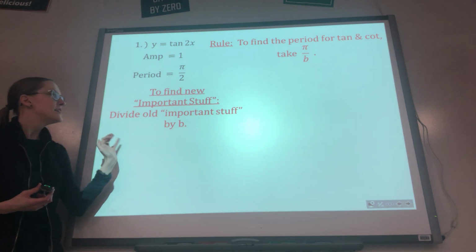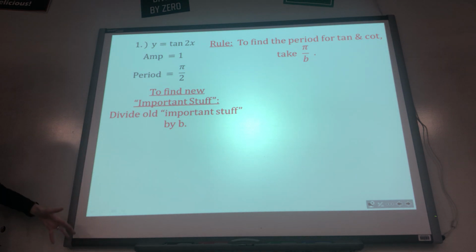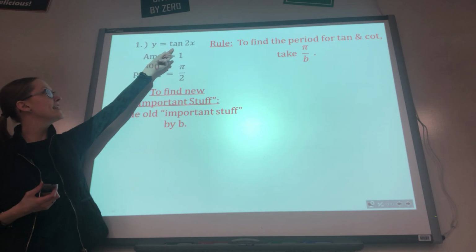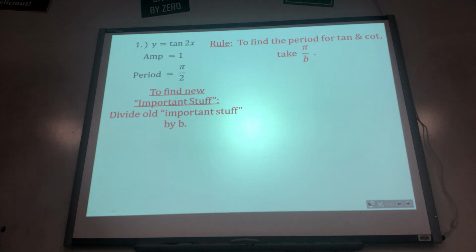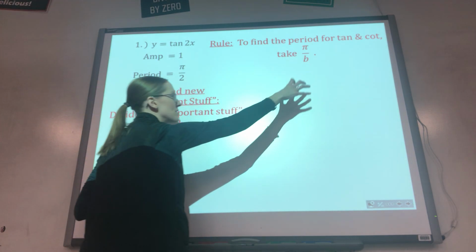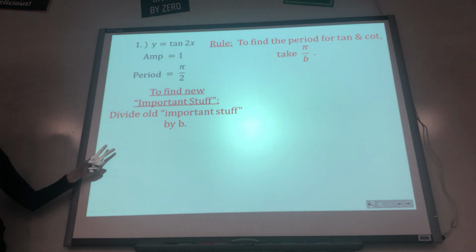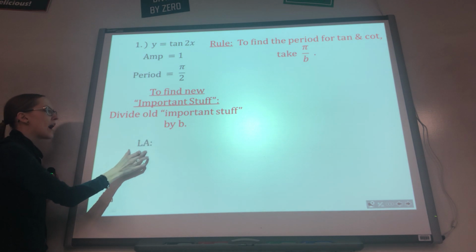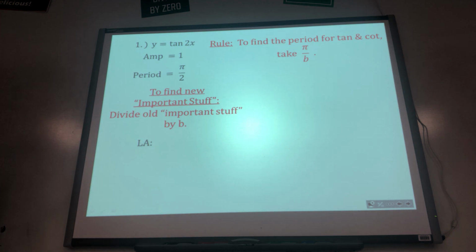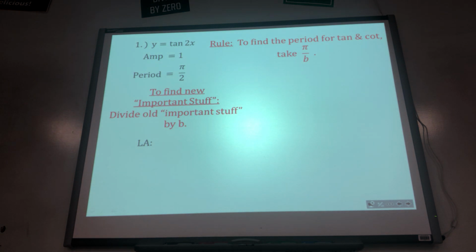Okie doke. So I'm going to show my work for this right underneath of here. My function is tangent. So go back to the list that we made for the important stuff with tangent. Okay, and I'm going to try and keep things short and sweet here. So instead of actually writing out left asymptote, I'm just labeling that LA.